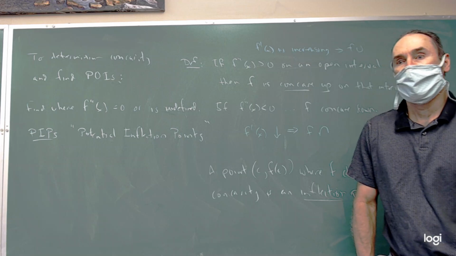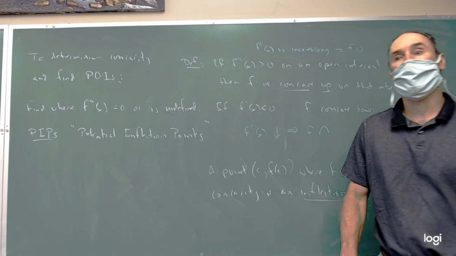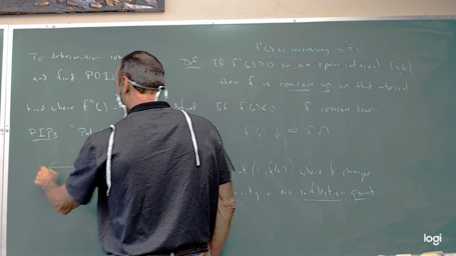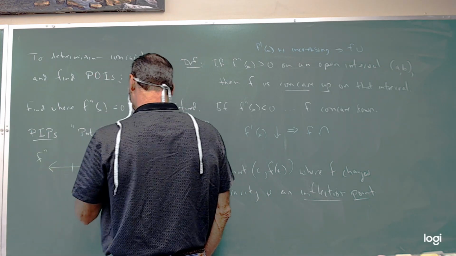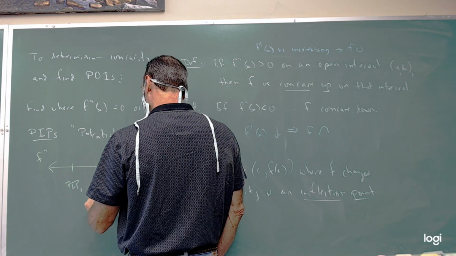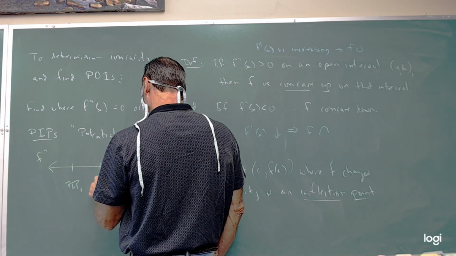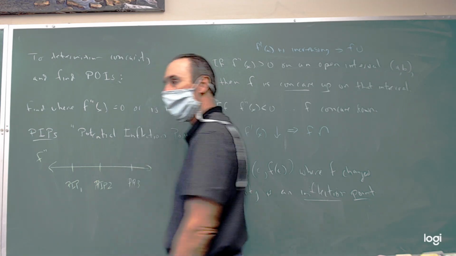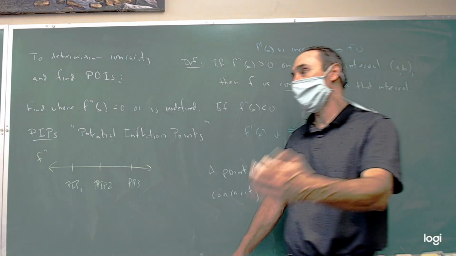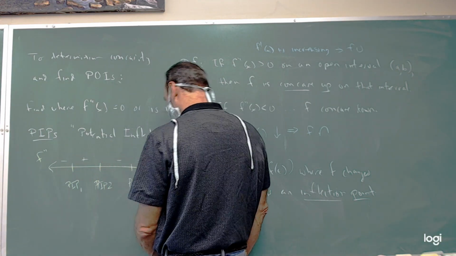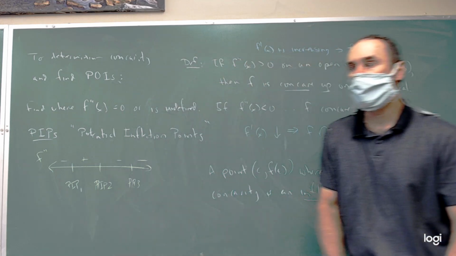Okay, so it's going to give us a list of where the second derivative is going to be 0 or undefined. So we'll do our f double prime, and we've got pip number 1 and pip number 2 and pip number 3. And we do like we did before. We look at what's the sign of the derivative. Maybe it goes negative, positive, negative, negative on this one. There's our second derivative.